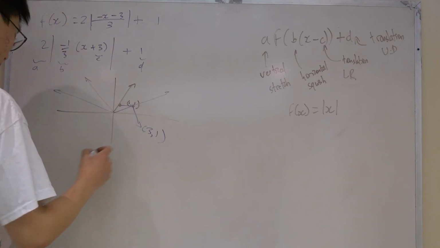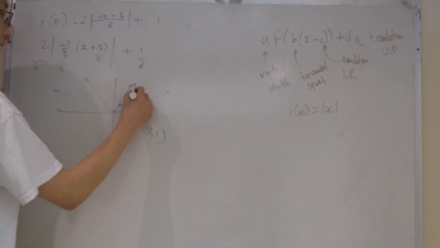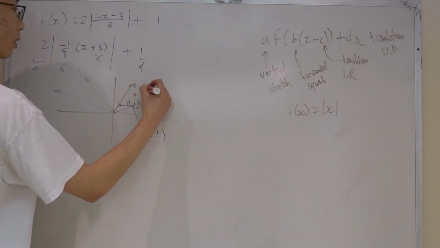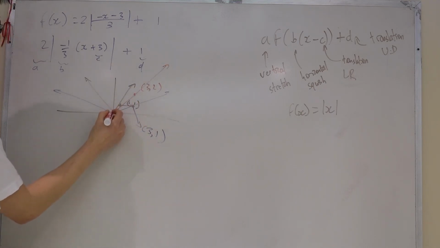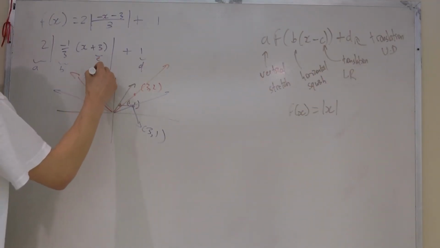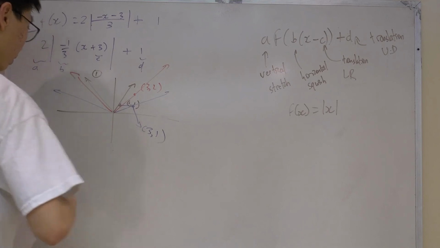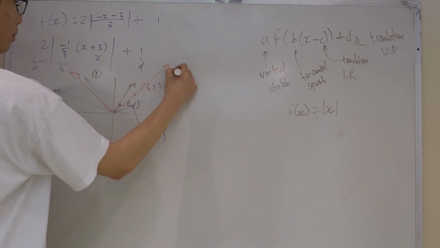So that gives us a new one, which is 3, 2. The point 3, 2. And then I can just draw a line here and then symmetrically draw it like that. Okay. So just to be clear, this is our step 1. This is our step 2. And this is our step 3.